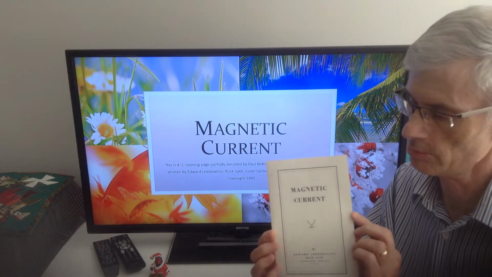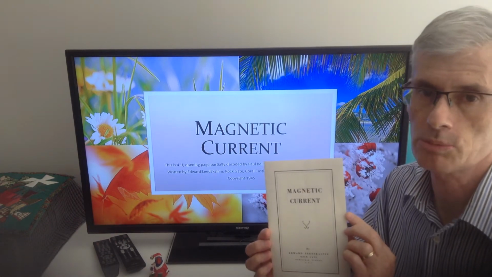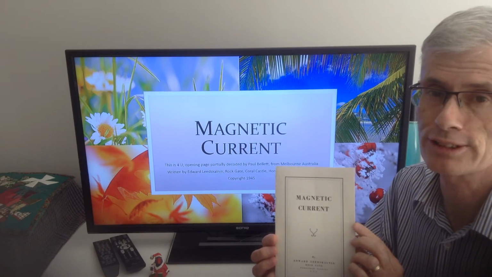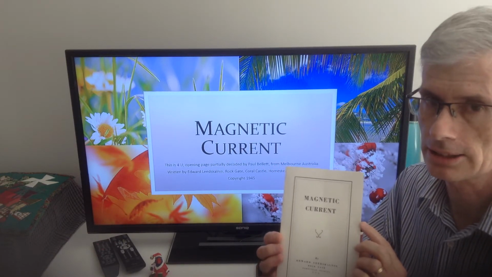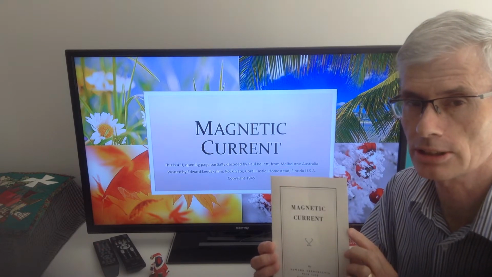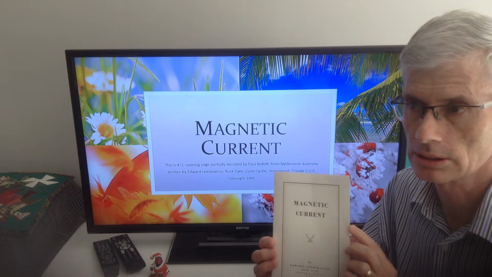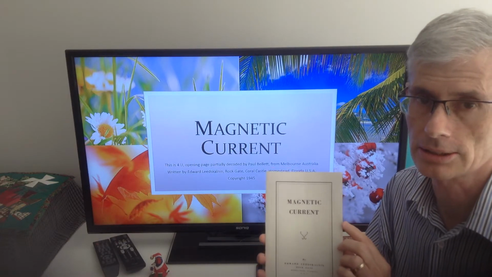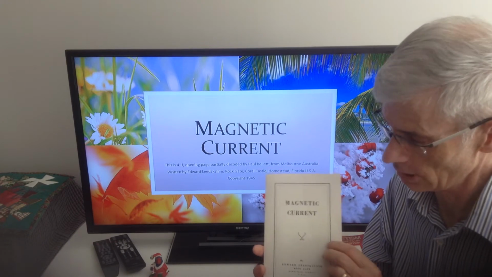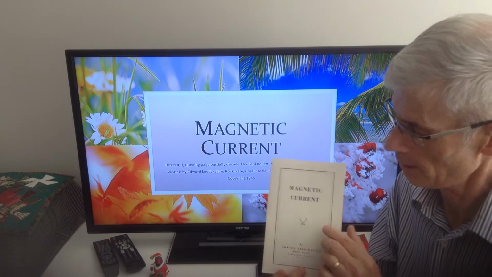Now this book, Magnetic Current, was put out by Leedskalnin and it was written in 1945. What I'm attempting to do in this presentation is to decipher some of the code. You'll find that the code is everywhere, even on the front page.